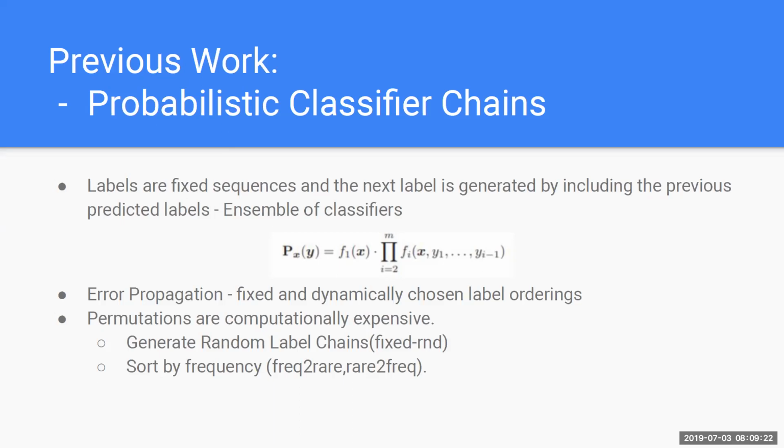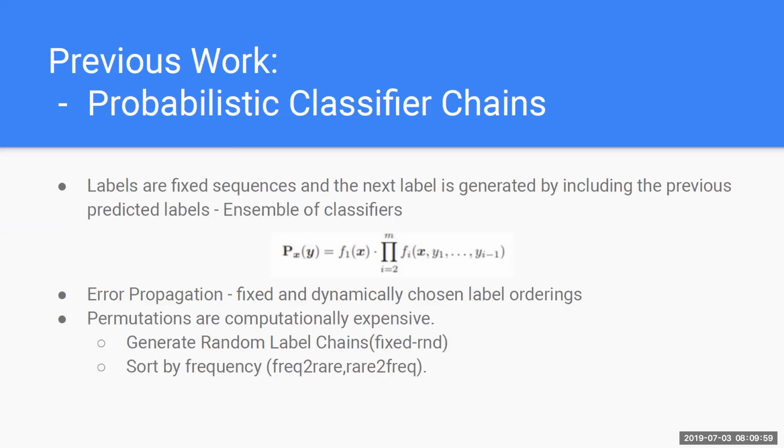If you start with an arbitrary label order and you take some permutations of it for the ranking, because you have no metric of how important the ranking is, you can either generate a random or fixed arbitrary ranking, or you can sort the labels so that the most frequent labels appear first and the less frequent ones appear at the end, or vice versa.